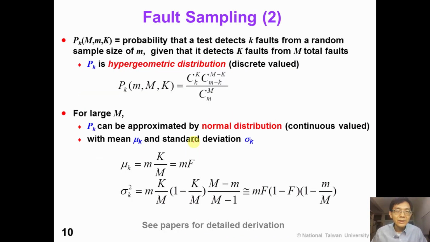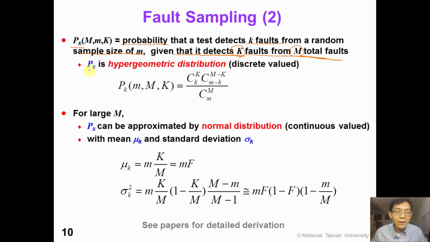Now, we need some statistics to handle this concept. Suppose that pk represents the probability that a test detects small k faults from a random sample size of small m, given that it detects big K faults from big M total faults.